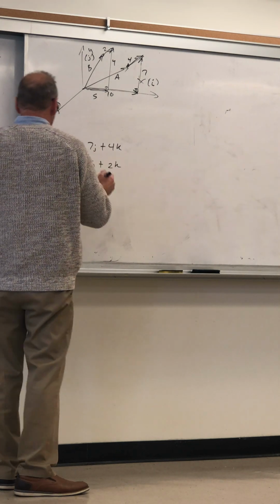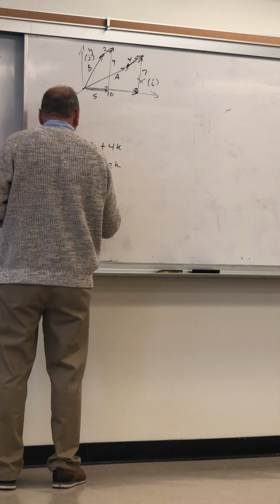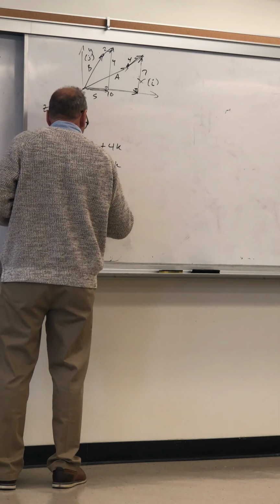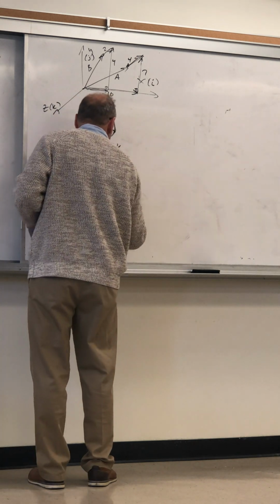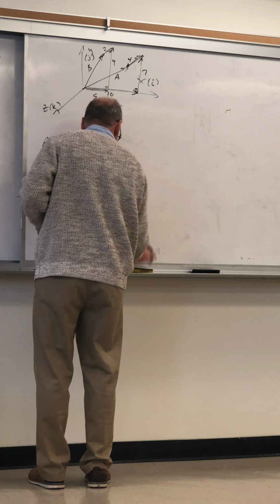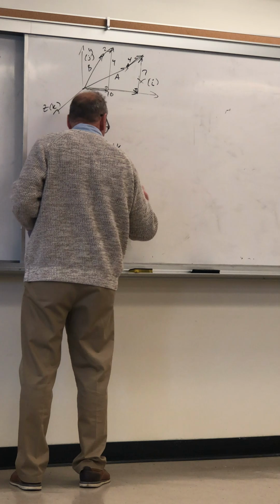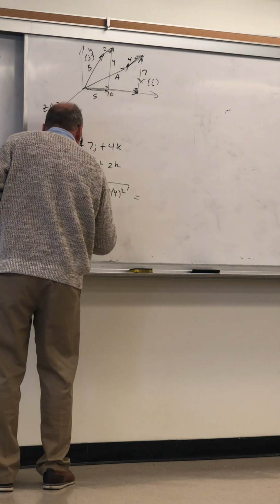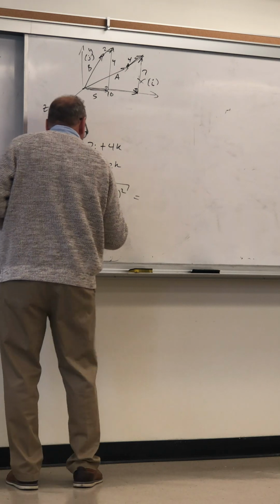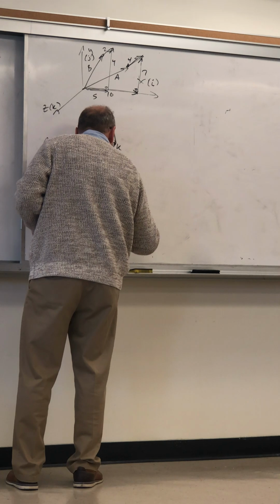And I have the magnitude of A is the square root of 15 squared plus 7 squared plus 4 squared. And B is the square root of 5 squared plus 9 squared plus 2 squared.